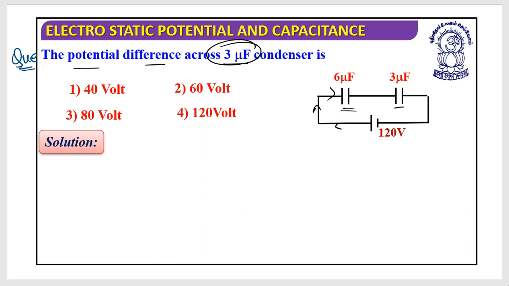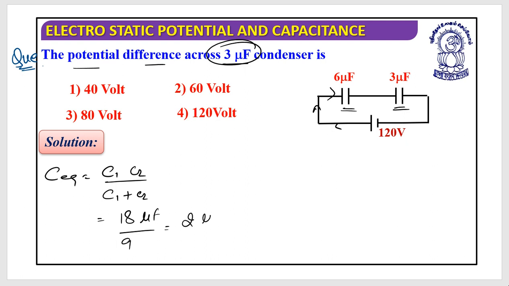First tell me, are these two in series or parallel? Yes, you are right, they are in series, and when they are in series, it's C1 into C2 divided by C1 plus C2. So this is 6 threes are 18 microfarad, divided by 6 plus 3, which is 9. So their equivalent capacity will be 2 microfarad. I hope this is clear.